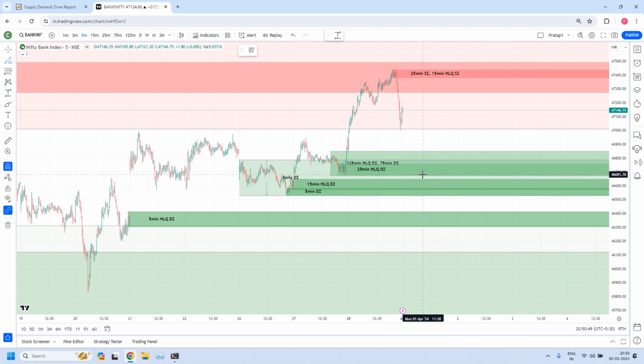This is the first possibility. This is one range, and from here till this there is one more 15 minutes high liquidity demand zone just below, but all are within the same daily demand zone. That means within the daily demand zone there are two order flows.